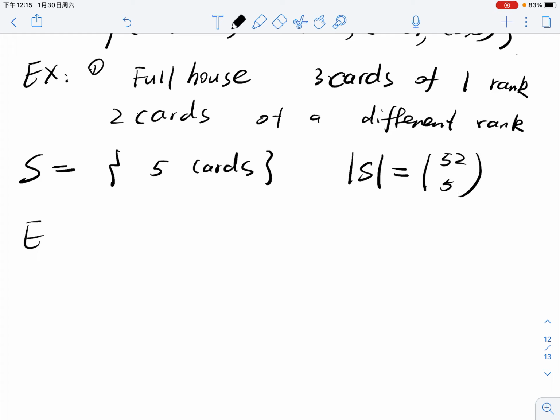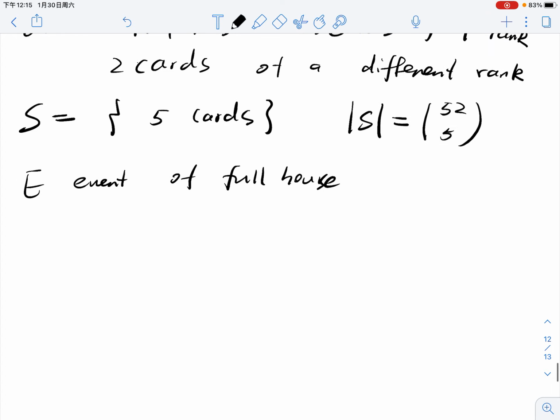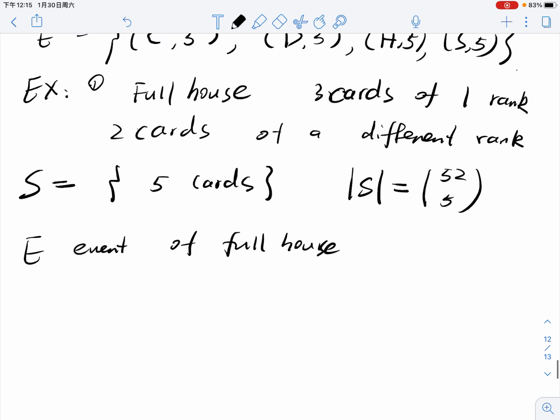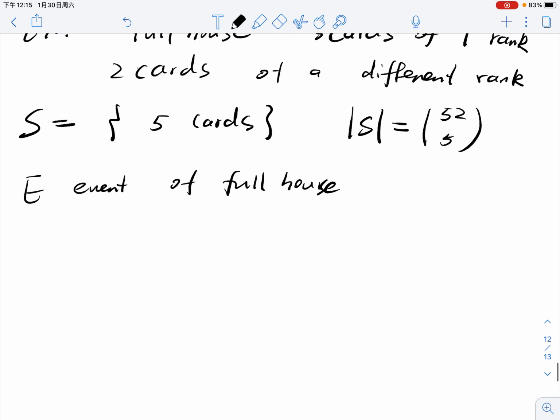And E is the event of a full house. That means you have 5 cards which have 3 cards of one rank, and the 2 others have a different rank.